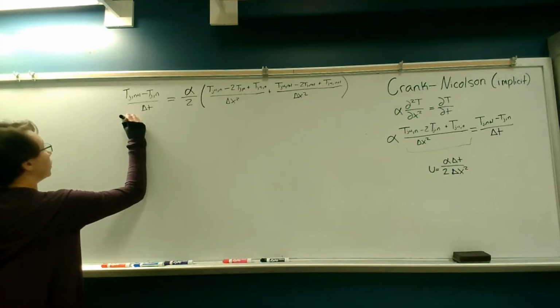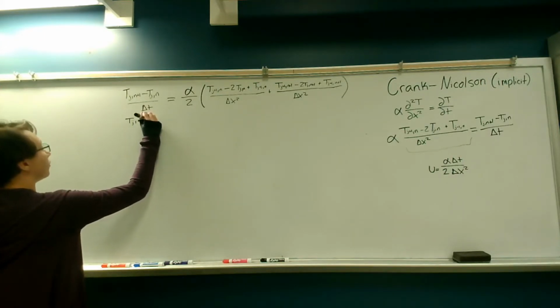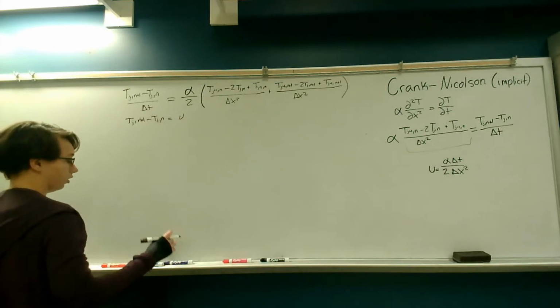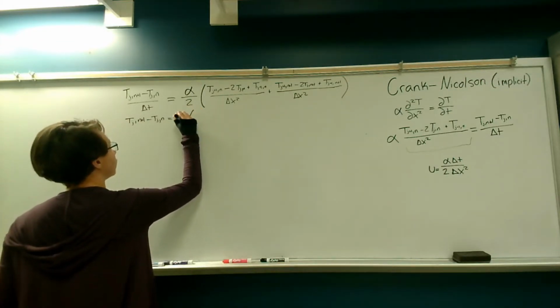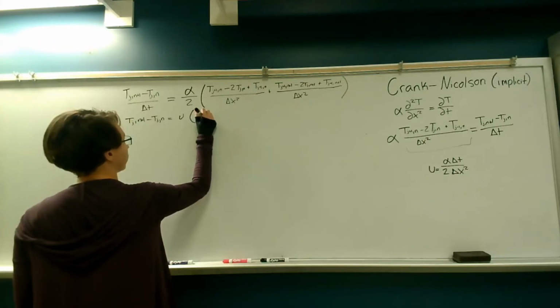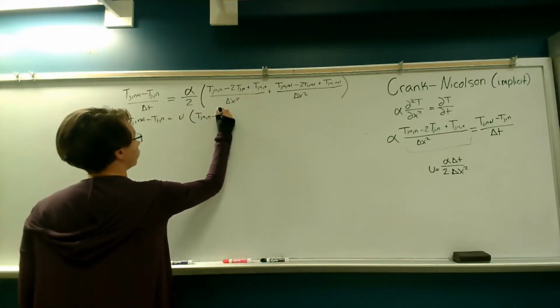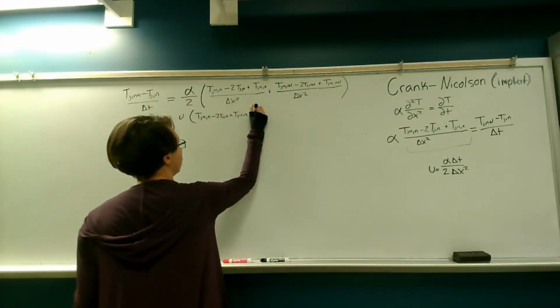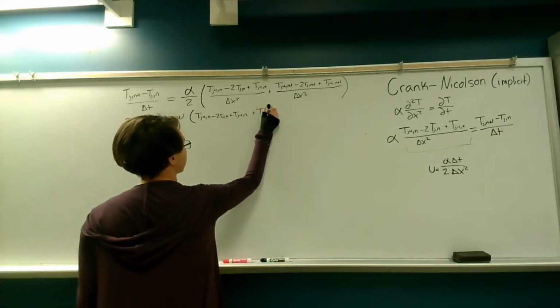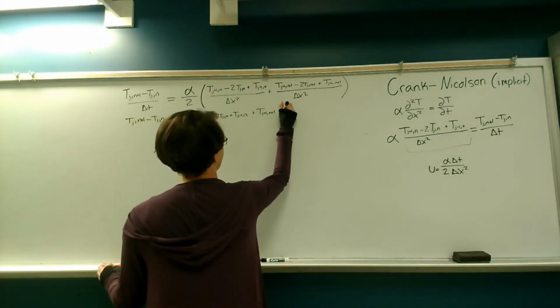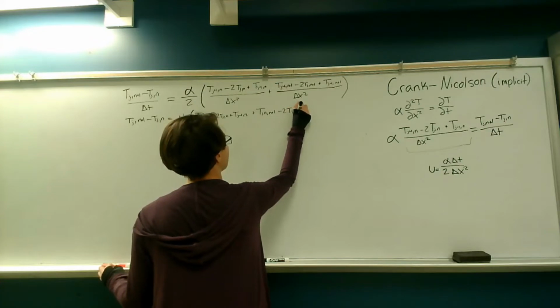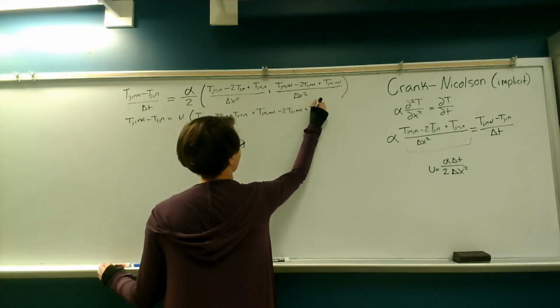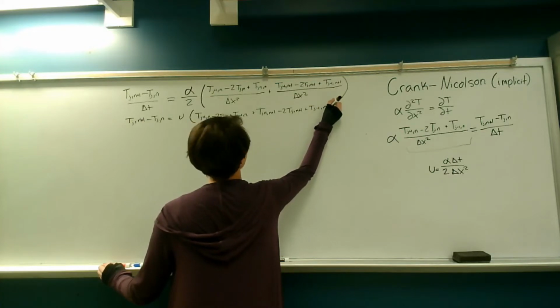So T at j at n plus 1 minus T at j at n is equal to u times T at j plus 1 n, minus 2 times T j at n, plus T at j minus 1 n, plus T at j plus 1 n plus 1, minus 2 T j n plus 1, plus T at j minus 1 n plus 1.